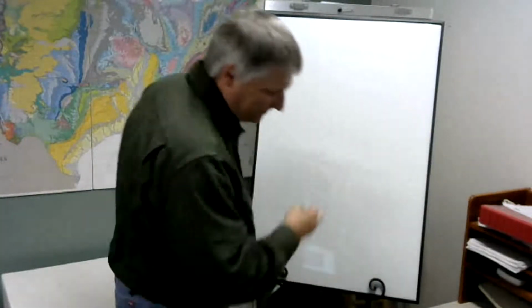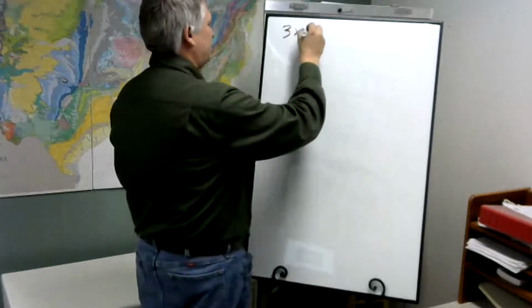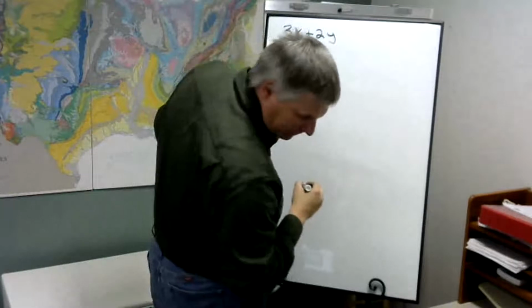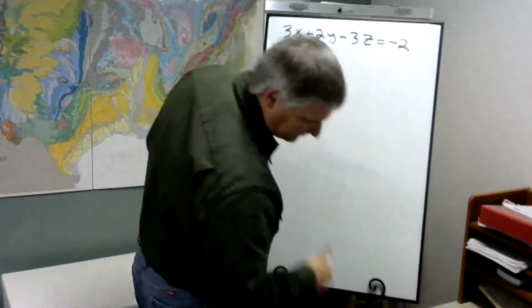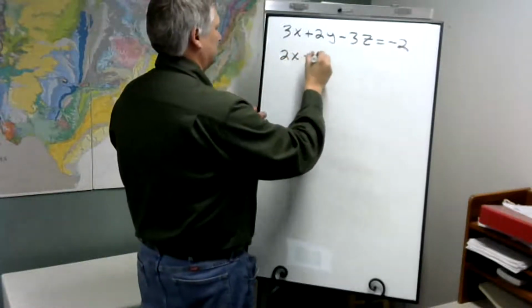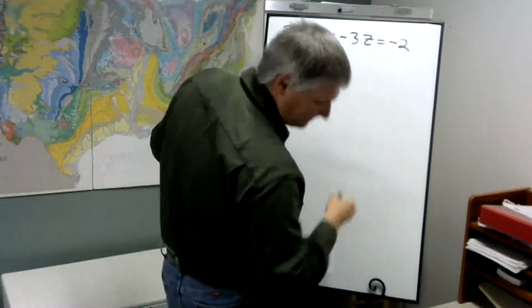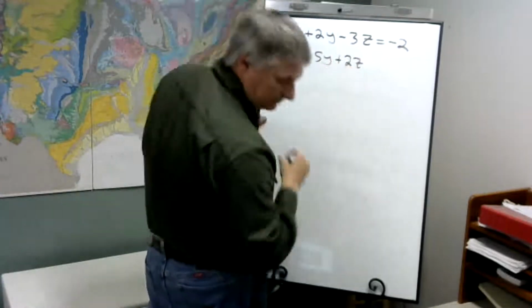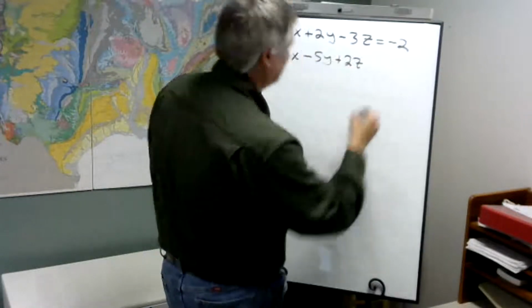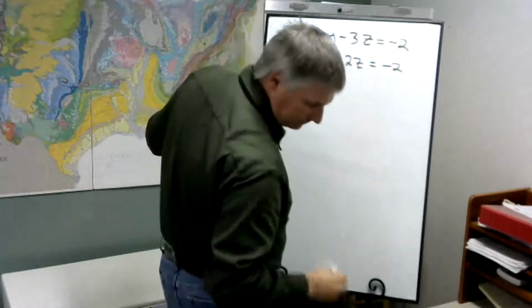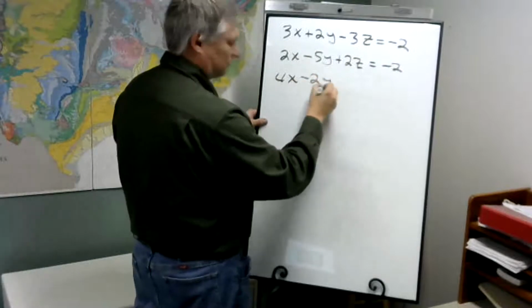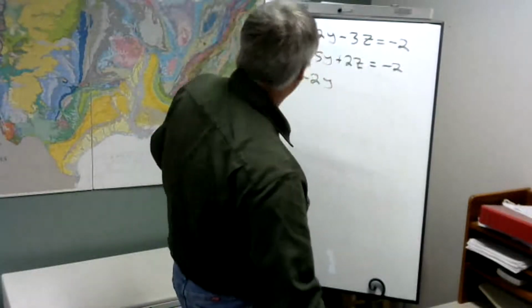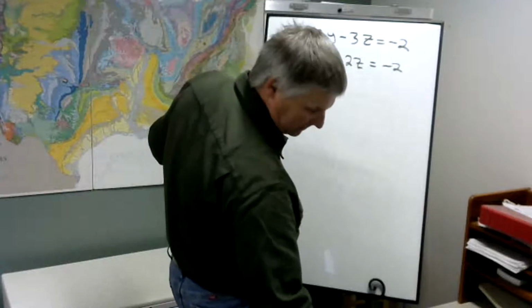So let's say we have something, let's go with something like this. I will check my, it's good, -2, -2.